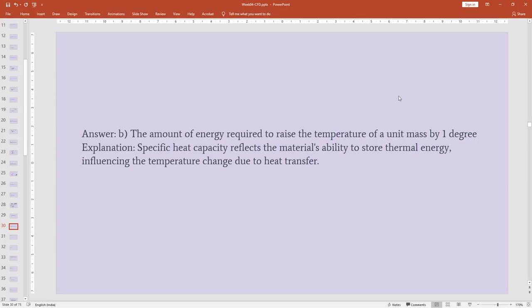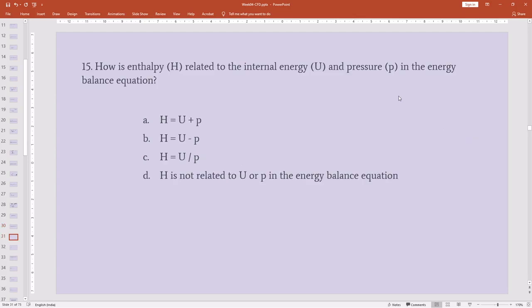is known as specific heat capacity. Next one, how is enthalpy related to internal energy and pressure in the energy balance equation?